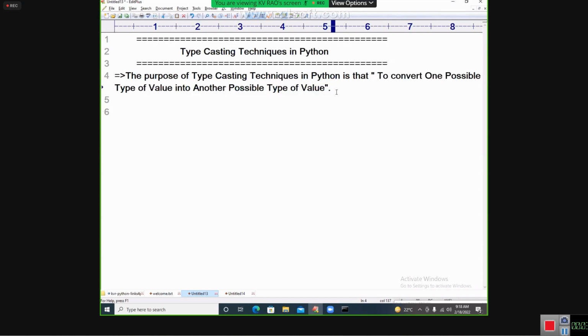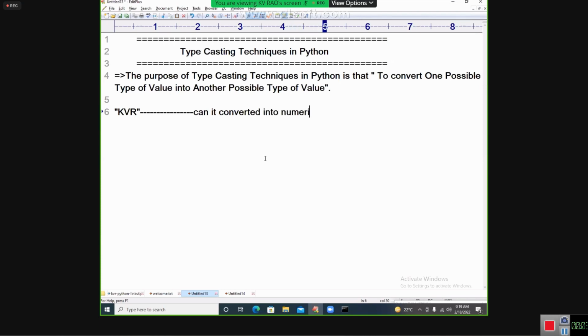Sir, why did you use the word possible? All types of values cannot be converted into another type, right? For example, caviar cannot be converted into numerical. Can it be converted into numerical, my dear students?